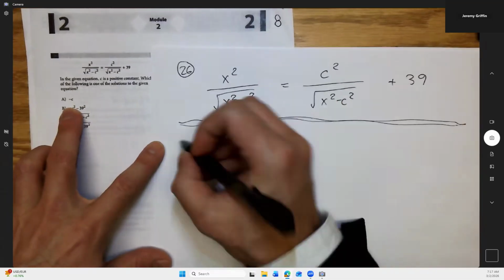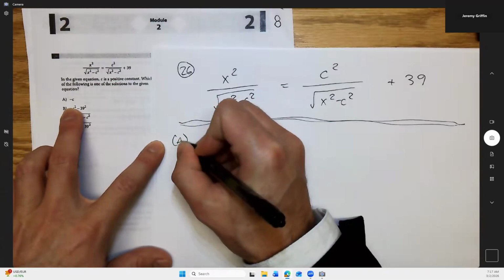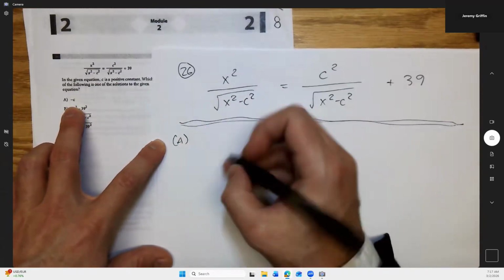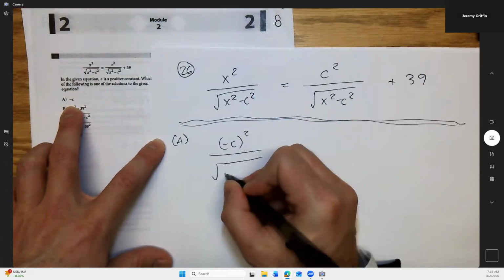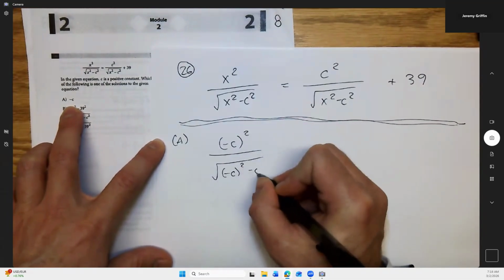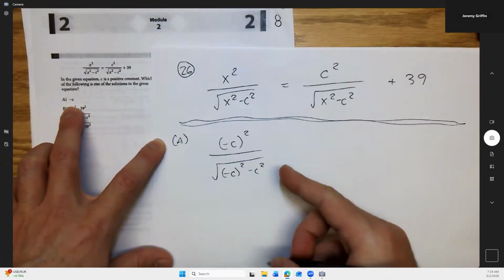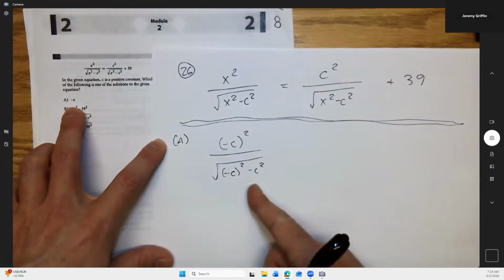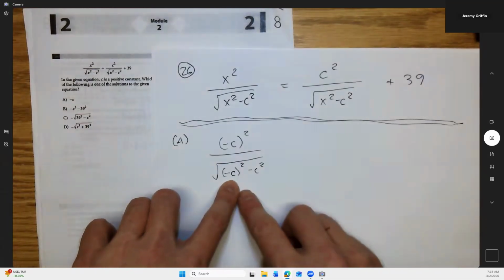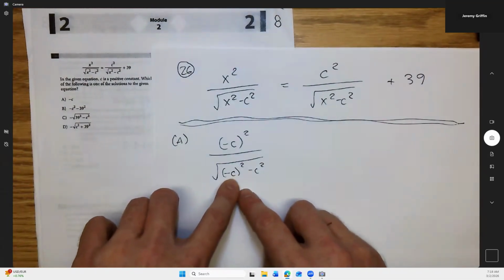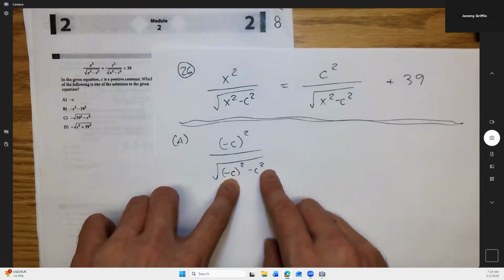So let's try it. Option A says negative c. I see the x, so I'm going to put in negative c and see what happens. Negative c squared minus c squared. Already right there, I'm running into an issue, because negative c squared is c squared, since the negative disappears. Minus c squared, that would be 0.